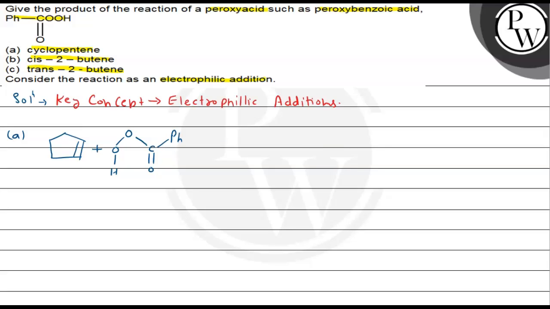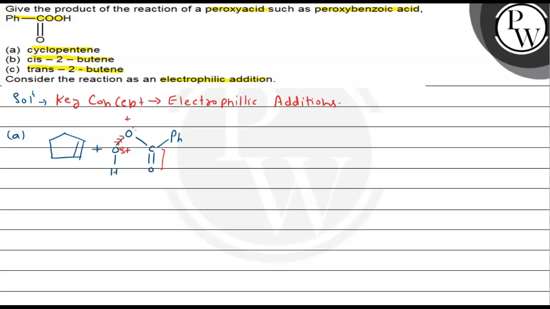Now in this case we can see that there is a lone pair present over this oxygen, and that will take part in resonance with this CO group. So this oxygen will carry a full positive charge, due to which it will attract the electrons present in this bond, and hence there will be a slightly positive charge present over this oxygen.